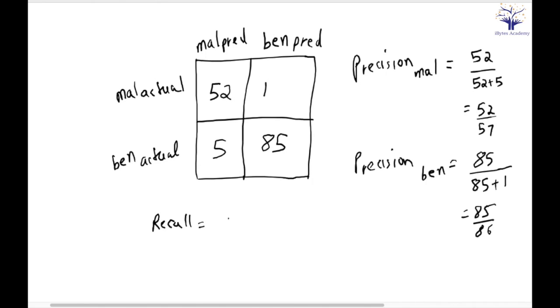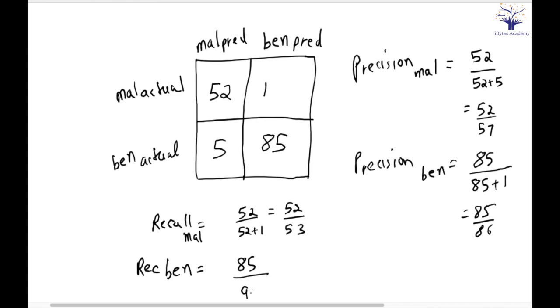Recall for malignant will be 52 upon 52 plus 1, that is 52 by 53. Right, because the actual number of malignant points is 53 and 52 were correctly labeled. Similarly for benign, it will be 85 upon 90. So this is recall for benign and this is recall for malignant, 85 by 90, right?